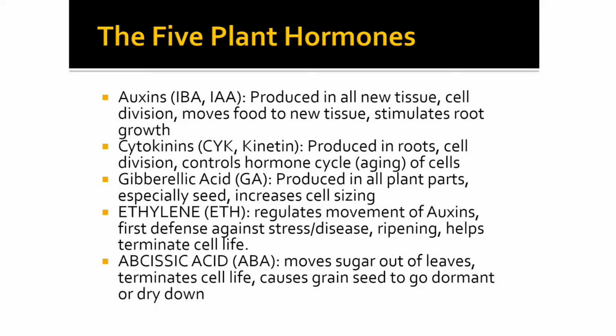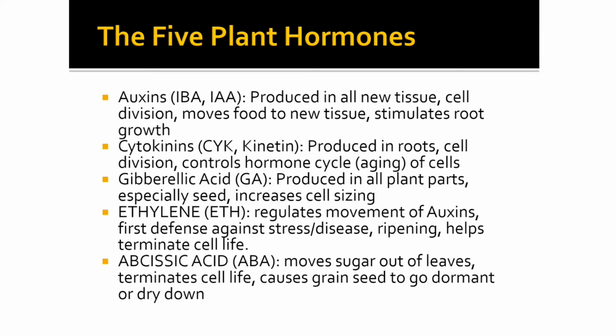These hormones actually turn on those functions and tell the plant, okay, now it's time for you to do this, now it's time for you to do that. They're just signals is all. So these naturally occur in the plant at all times. We can artificially apply more of them to get the plant to do what we want at a certain time, but these occur naturally.